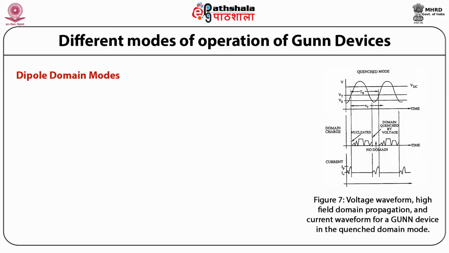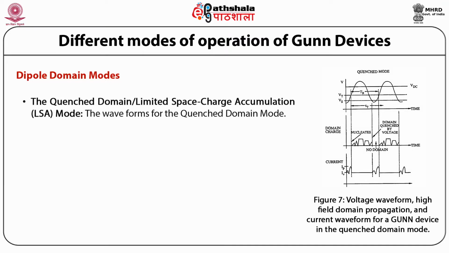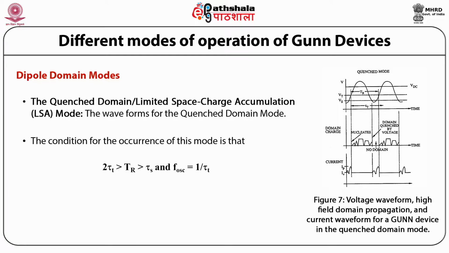Let us now discuss another domain mode, that is the quenched domain, limited space charge accumulation or LSA mode. The waveforms for the quenched domain mode are shown in this figure, and the condition for the occurrence of this mode is that 2 tau t is greater than Tr is greater than tau s and F oscillation equal to 1 by tau t.